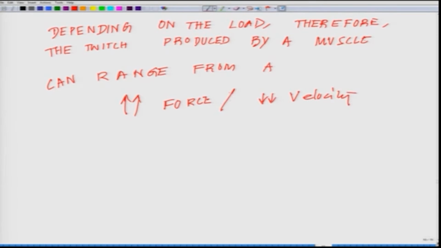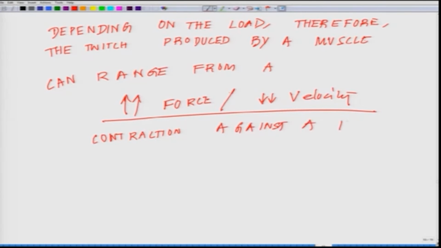As you could see, high force and a low velocity contraction against a heavy weight.